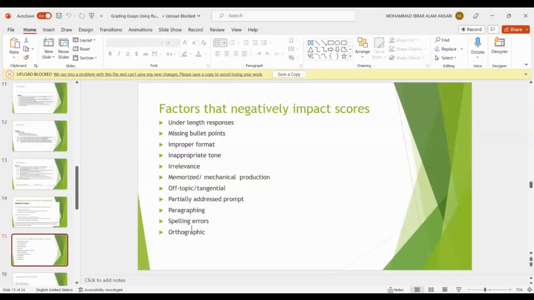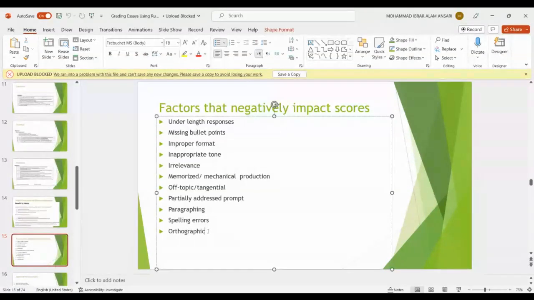And sometimes orthographic issues that we are faced with, like handwriting that is so bad that it's difficult to read. Sometimes it's incomprehensible. It doesn't make sense. So they lose grades.